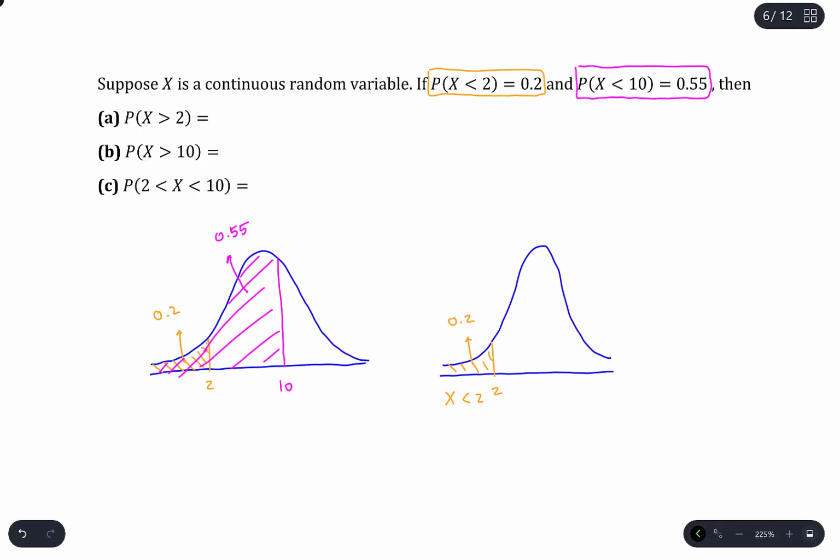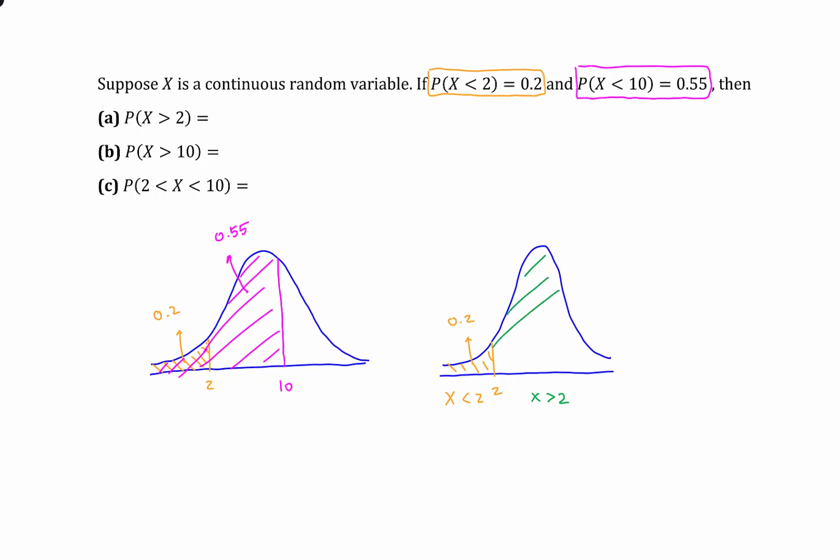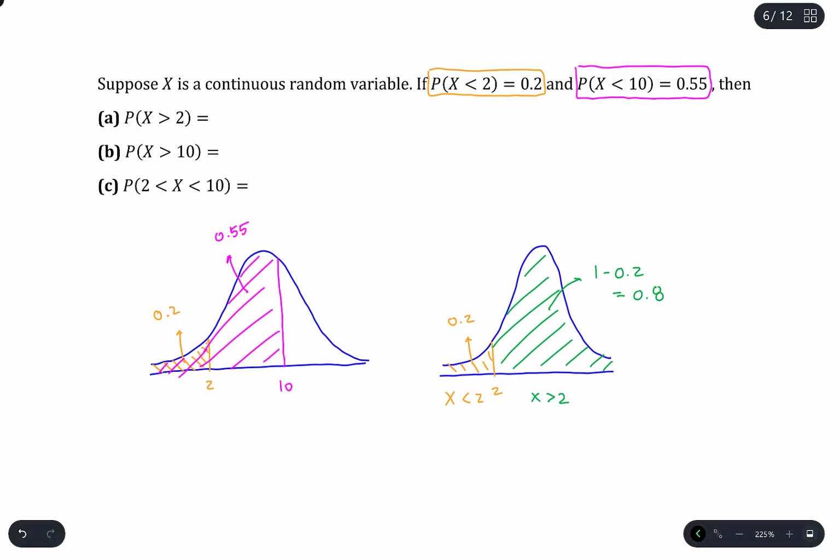Well, this region over here I'm going to put in green is where x would be greater than 2. And if you'll notice, those two ideas would be complementary to each other. So this area right here would be 1 minus the left end probability, which would give me the right end probability of 0.8. So 0.8.